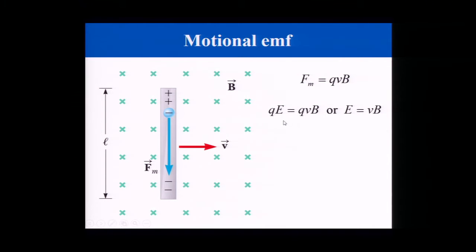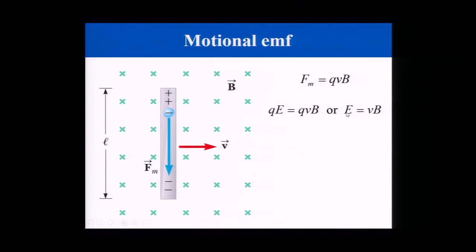And we know from my electric field, and now you can see the electric field's related to the magnetic field. The magnetic field's related to the electric field, because I can actually look at the force that's on the electron. And there it is. We've had this way back when in our electric field force. Here's our magnetic field force. And the charge that's moving through the wire is the same charge.